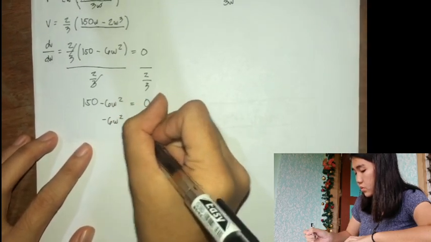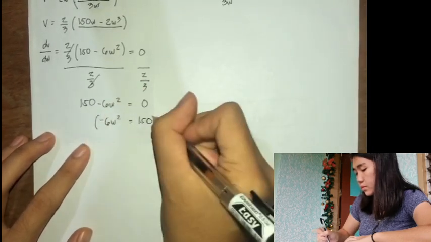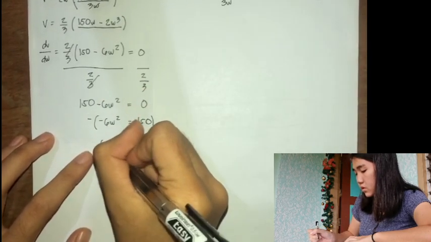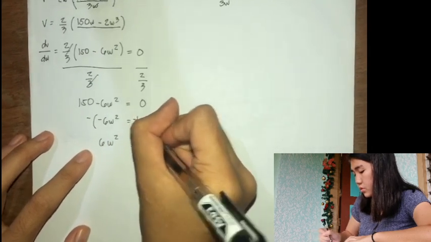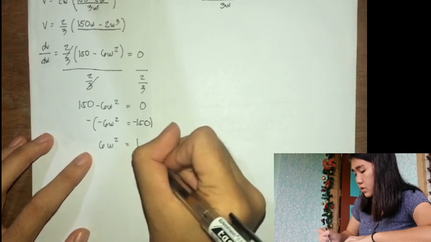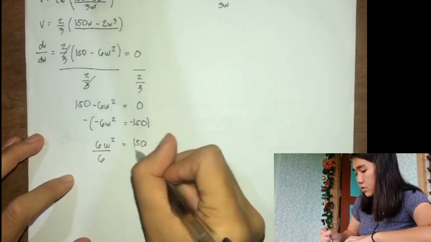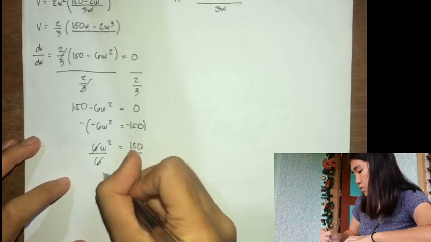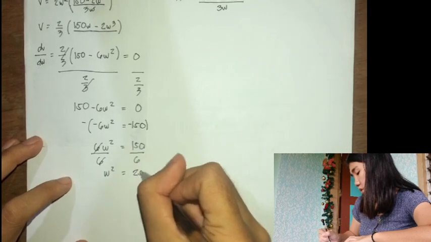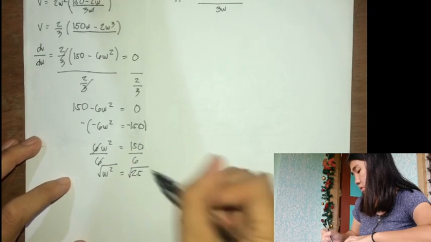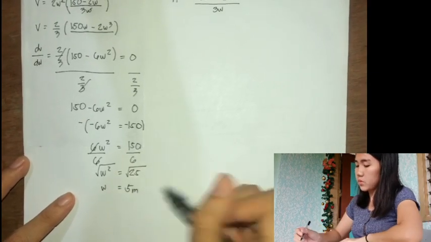Transpose the 150, so we have negative 6W squared equals negative 150. Multiplying by negative, we have 6W squared equals 150. Divide both sides by 6, so W squared equals 25. Square root, so W is equal to 5 meter.